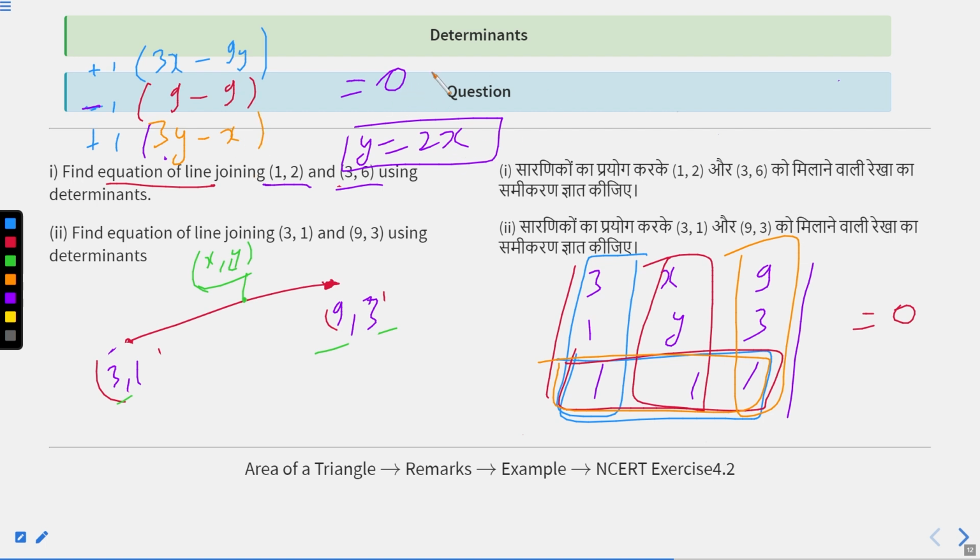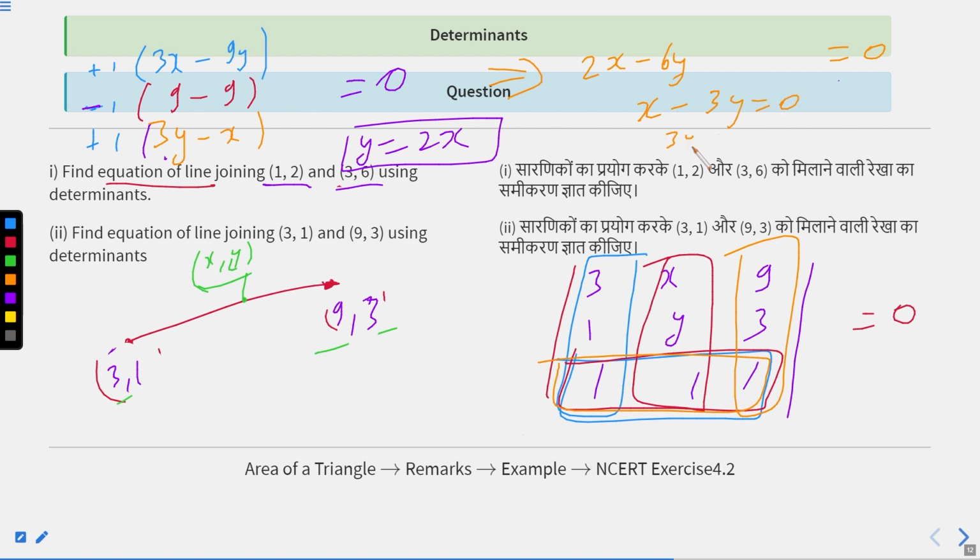So the whole thing is equal to 0: 3y minus x plus... gives 2x, and minus 6y. Now taking 2 common, you are left with x minus 3y equals 0.